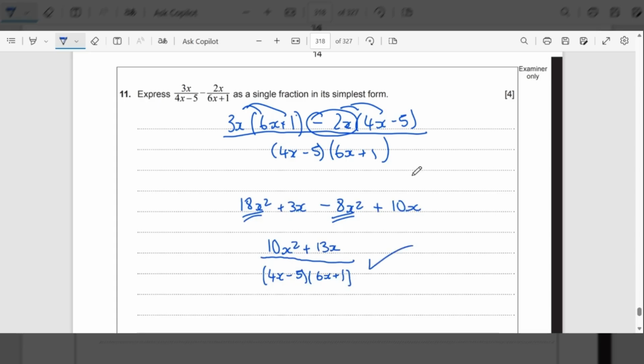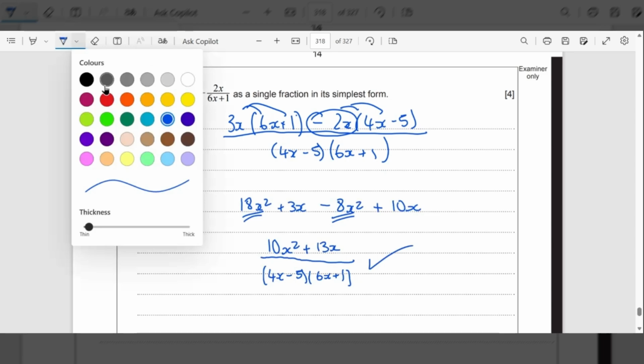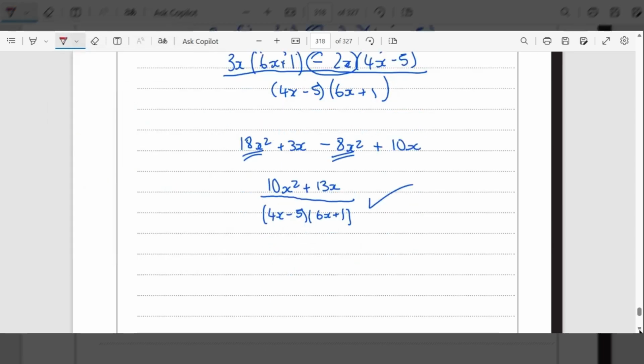That is totally fine. What I would say is this, okay, if, and I'm going a different color because this is an if, I would hate this to happen, but it is doable. If this wasn't an express, if this was a solve, so they put something like equals 7 on the end, what you'd then have to do is take the bottom here up here as a times, right?